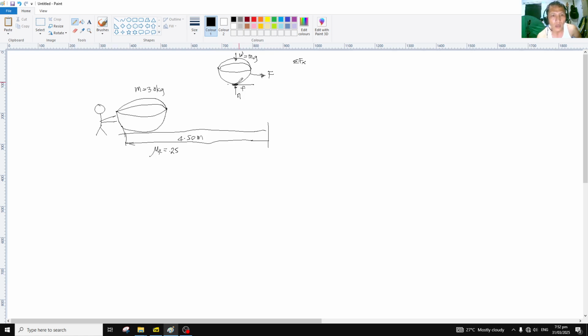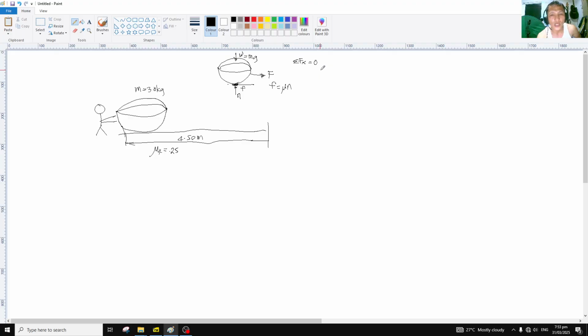And then you have a normal force, which is related to your frictional force by the formula F is equal to mu n. Now, summations of Fx is equal to 0 because of constant velocity.